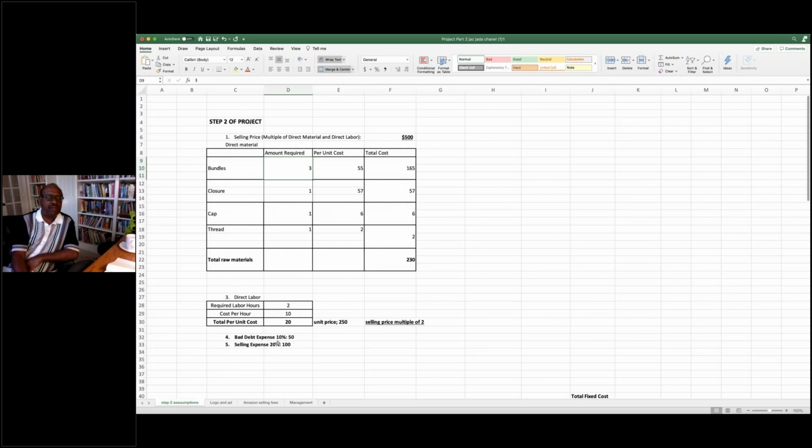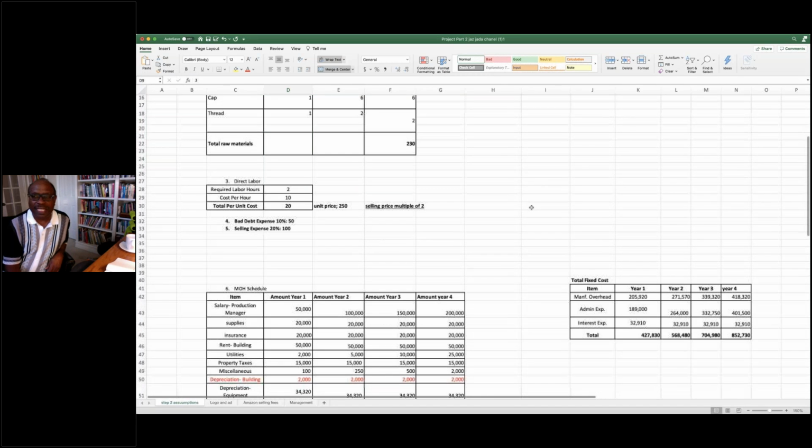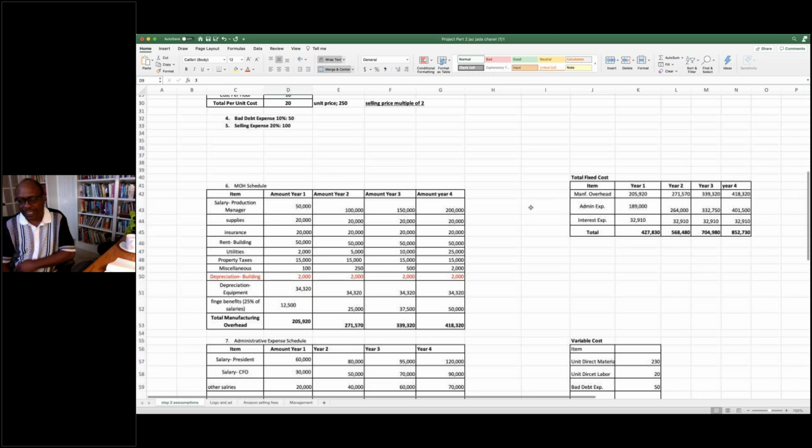No, you're just going to use 10% and 20%. So you're using 10% for bad debt, 20% for selling, and you're going to base it on your selling price. Okay. Cool. Any other questions?